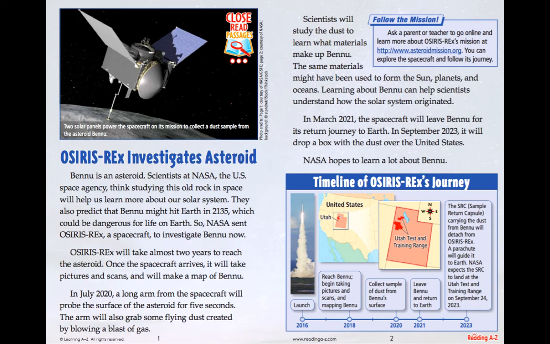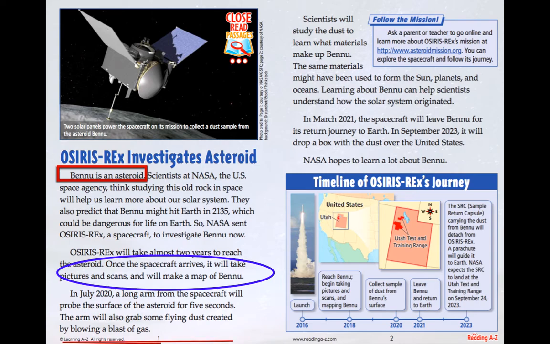So I'm going to be referencing this article we read about 3 weeks ago on OSIRIS-REx investigates asteroids. So notice this sentence, Bennu is an asteroid. Also this sentence, once the spacecraft arrives, it will take pictures and scans and will make a map of Bennu.